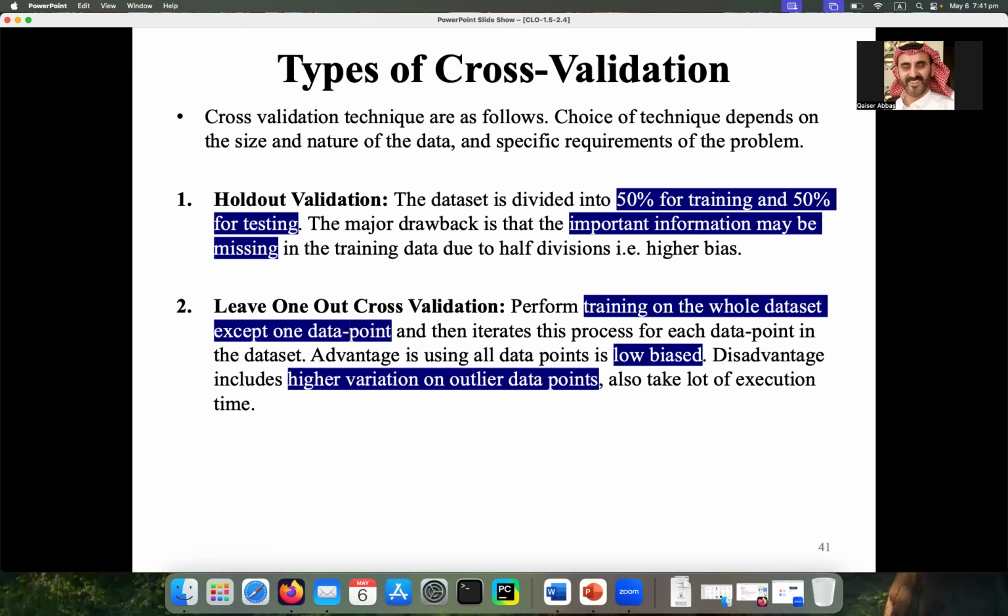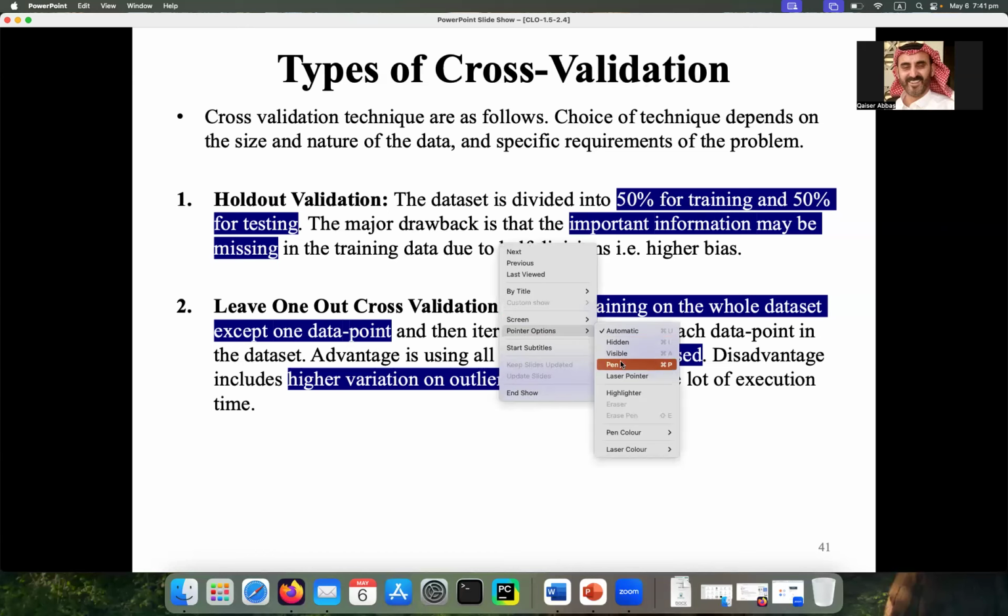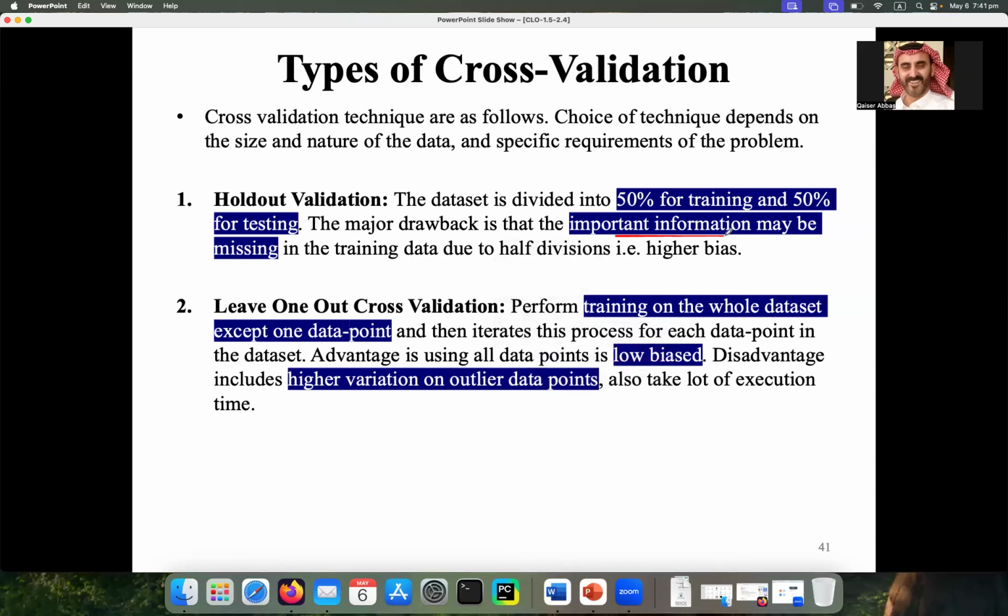That is one category of biasness, for when the important information is missing from the training data. You can call it that your data is biased to some aspect, and that aspect is missing information in the training data.